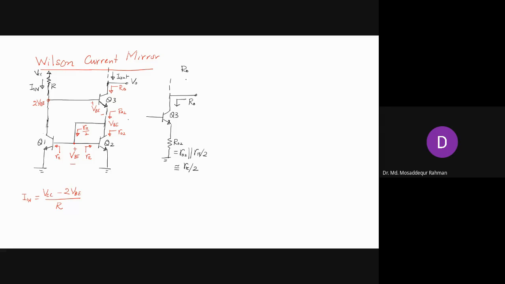So now the output resistance looking from the collector of Q3 will be small r03, times 1 plus gm3, times R pi by 2, which will be in parallel with r pi of Q3.